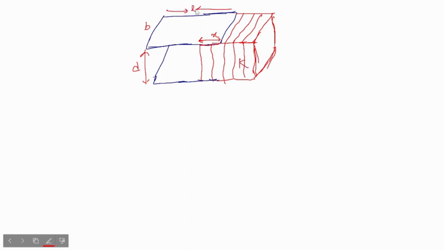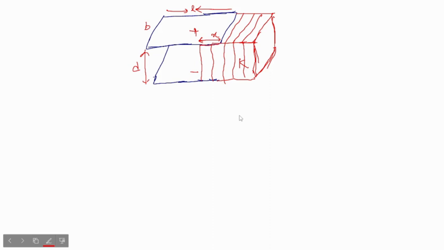Also consider the positive charge on this side of the plate and the negative charge on this side. Now what you are seeing here is a dielectric inserted having dielectric constant k.